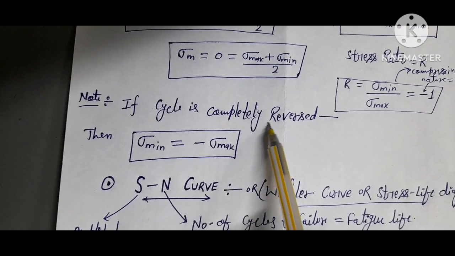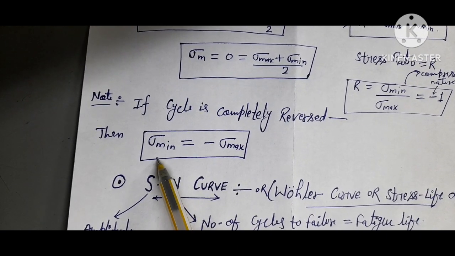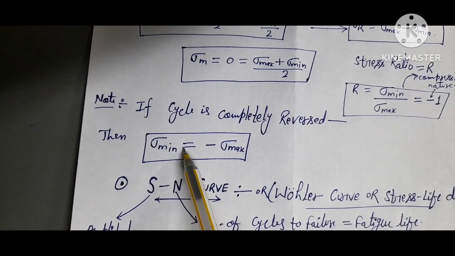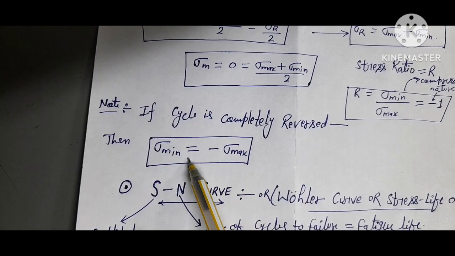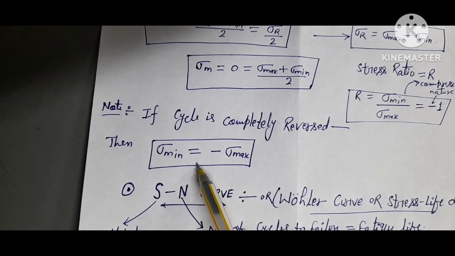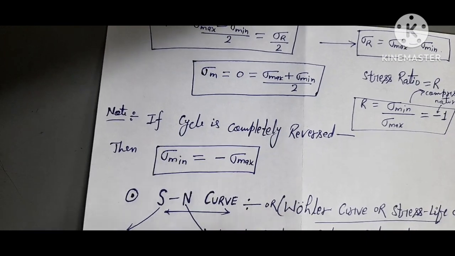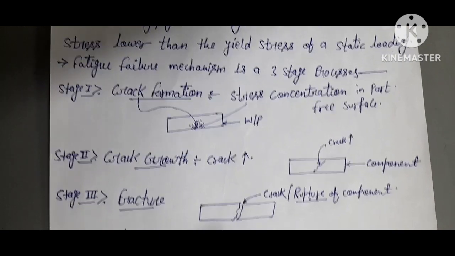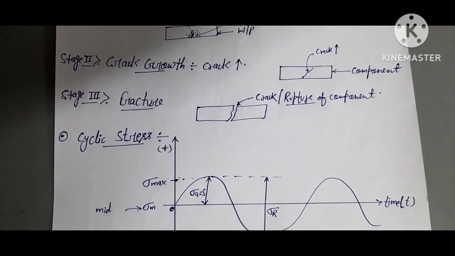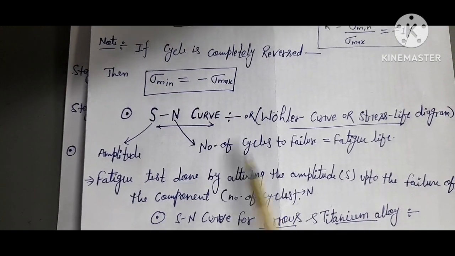For a complete reversed cycle, this criterion will be followed: sigma min equals the negative of sigma max. If this case is followed, then the cycle will be a completely reversed cycle. So this is the definition of fatigue and its theory, and in the next video we will talk about the S-N curve and its applications.